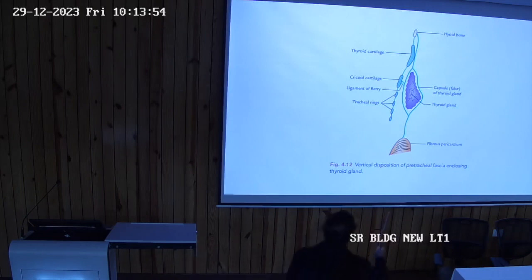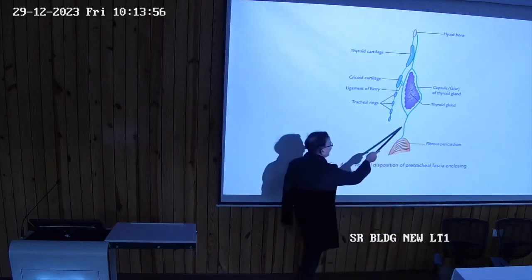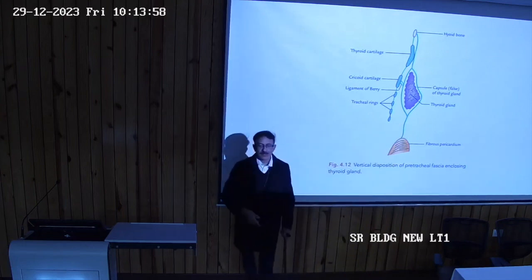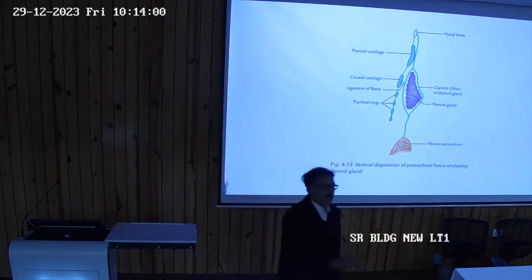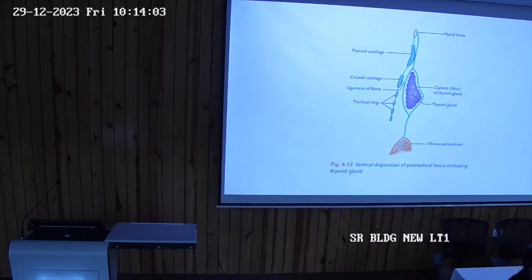So this is enclosing the inferior thyroid vein and going behind what? The brachiocephalic vein, and attaching to the fibrous pericardium. Okay. The thyroid gland is something like this.